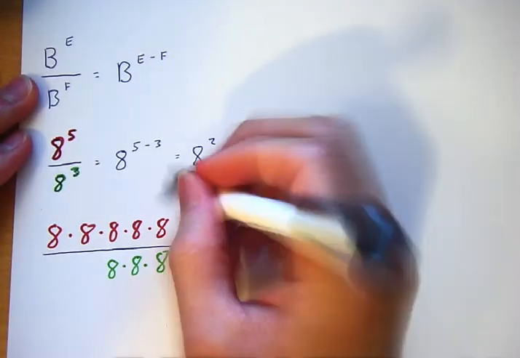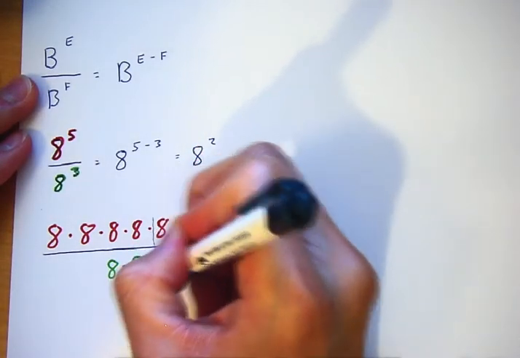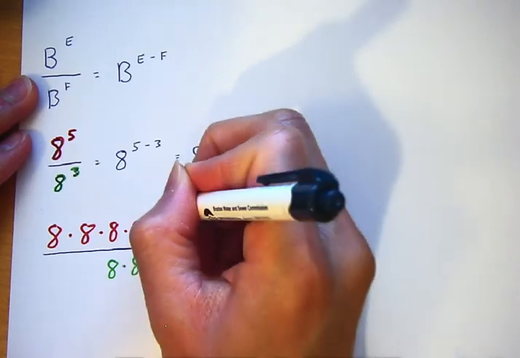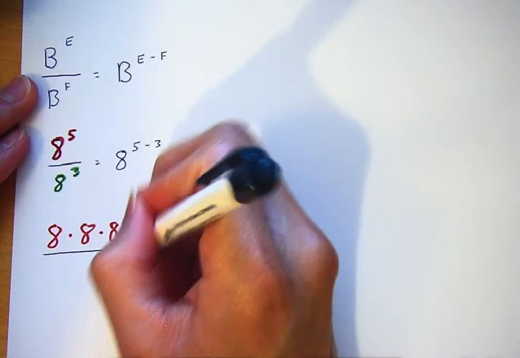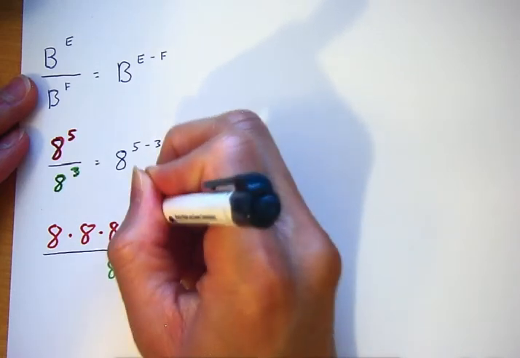If I was going to simplify 8 divided by 8, that would equal 1, or 1 divided by 1. I can simplify this to also be 1 divided by 1.